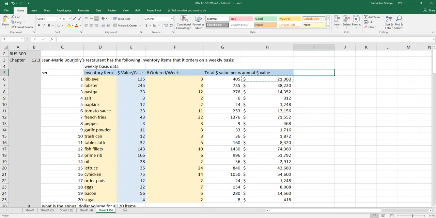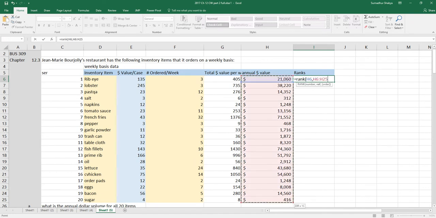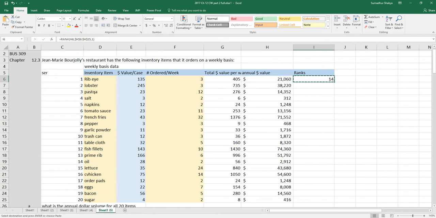Now based on this, let's calculate the respective ranks. I'm going to use rank, this value in the range, which I need to freeze, comma, ascending or descending. I'm going to use ascending first, let's see if it works, and copy it down.